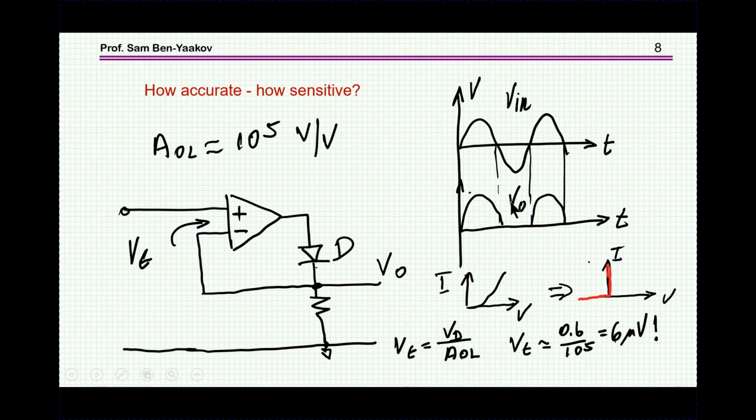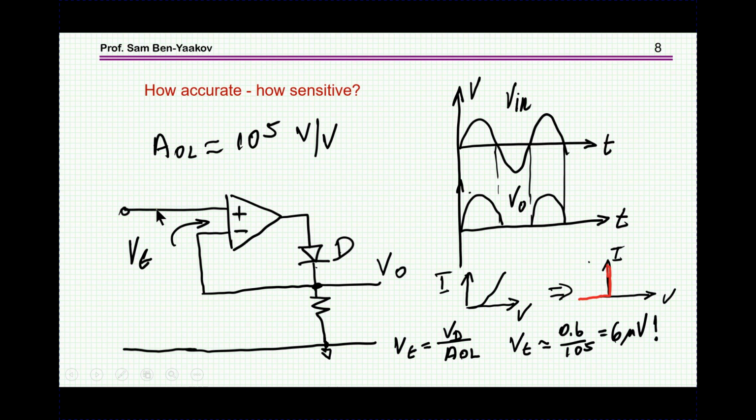Since this amplifier has a very large gain, could be in the range of 10 to the 5th volt per volt, if the knee of the diode is V sub D, you need an input voltage of V sub D over the open-loop gain.